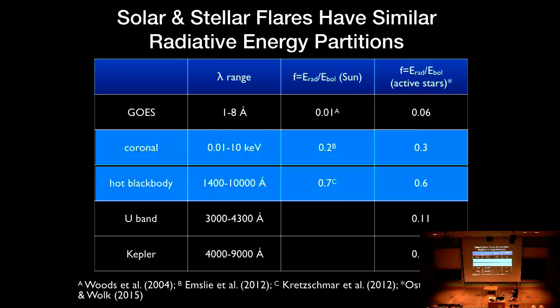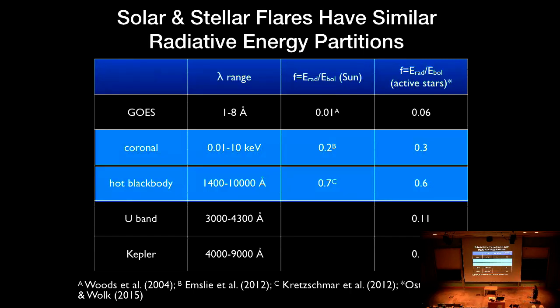So when you look at the flares and look at the radiative energy partitions, there is a striking similarity between solar and stellar flares. And this is a table just comparing some of the dominant flare signatures, coronal flare signatures, and this hot black body that shows up at blue and optical wavelengths.